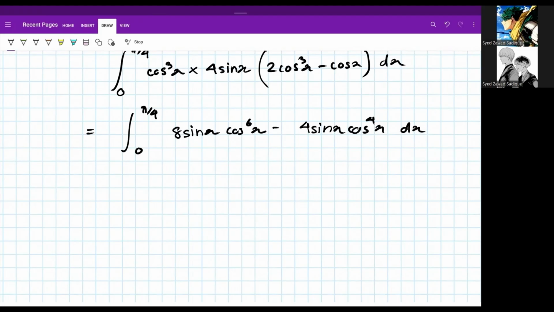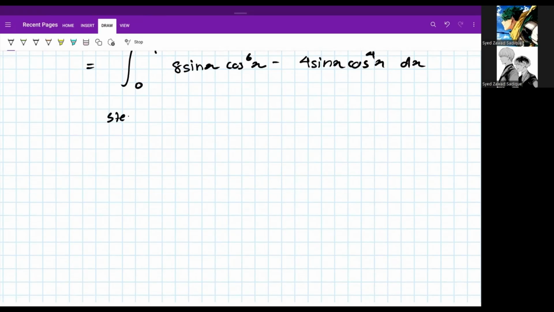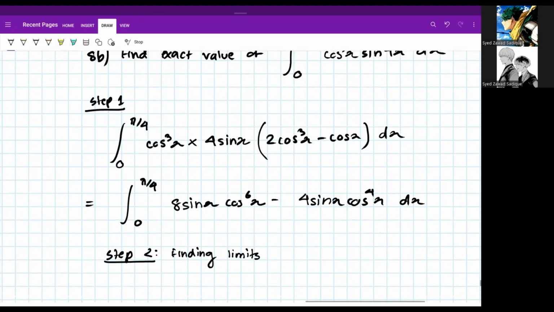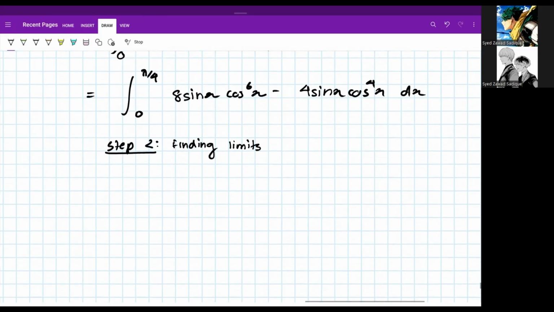Now, of course, I have this done in my copy, but you guys should expand it by yourselves. You understand. Now, finding limits.